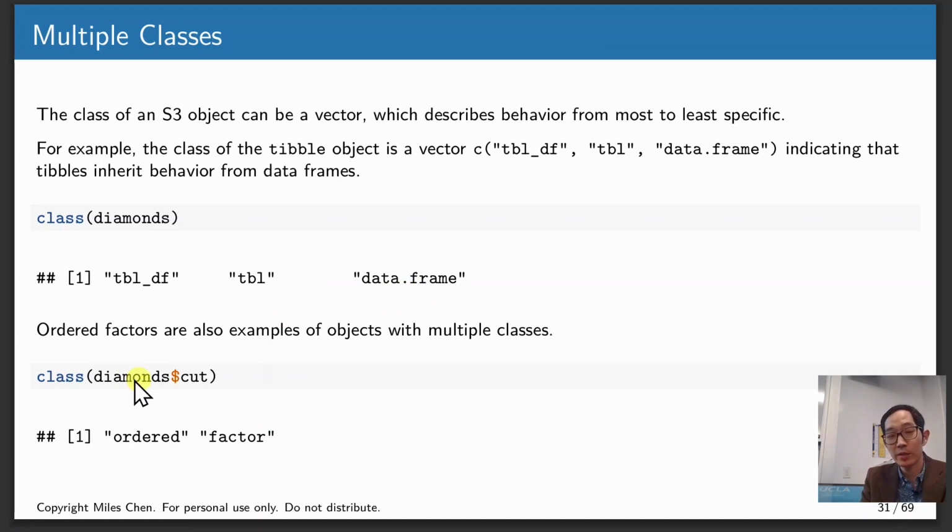That column $cut is a categorical variable, but it's ordered because it goes from fair to good, very good, premium, ideal cut. That's an ordered factor. So there's a class ordered, and ordered is a specific version of factor, so that inherits from factor, okay?